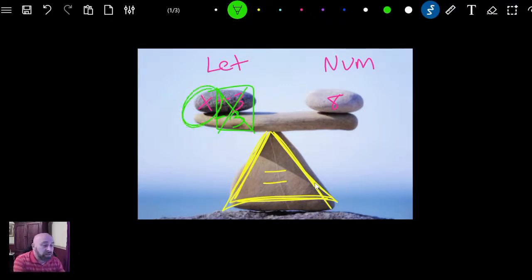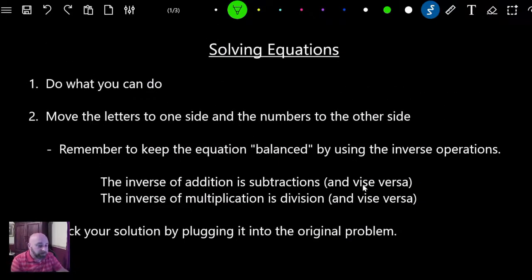So now I just have my x left, but the problem is that some students will do this. They'll just cancel that, and then they just say, oh, x equals 8. Because remember, this is your equal sign down here. This is what it's balancing on, the equal sign. So as soon as I do that, let's go back up and look at this. Remember to keep it balanced by using the inverse operation.